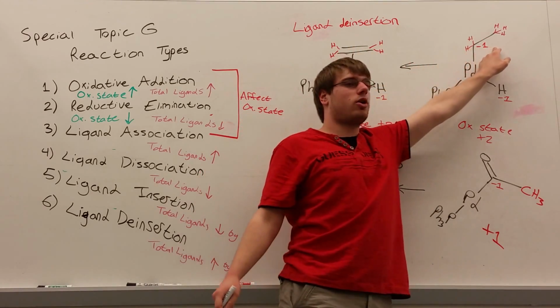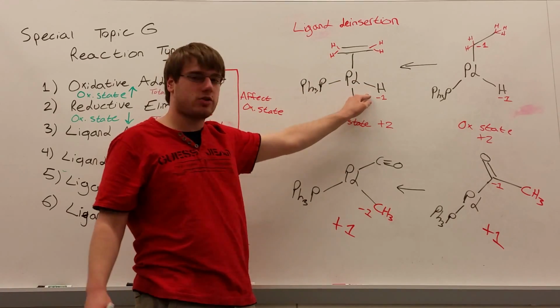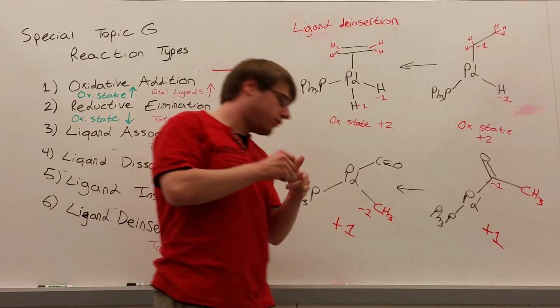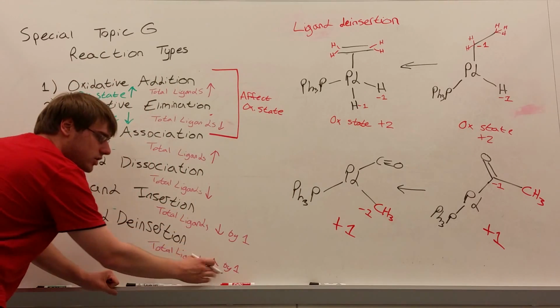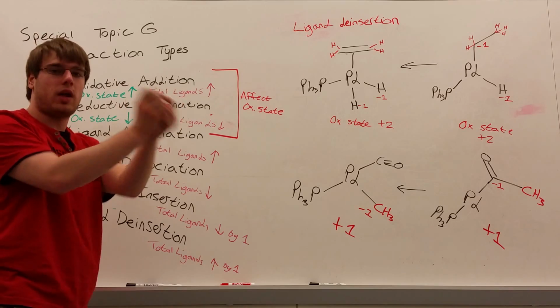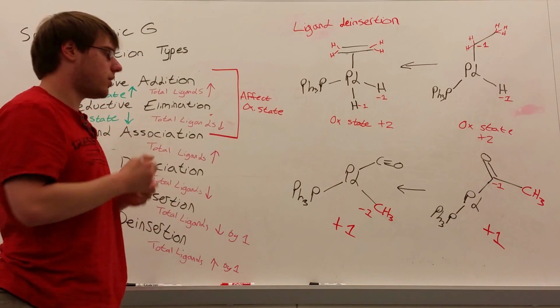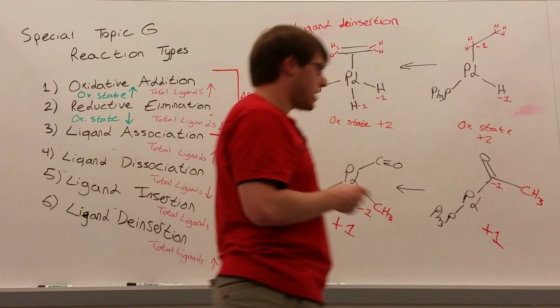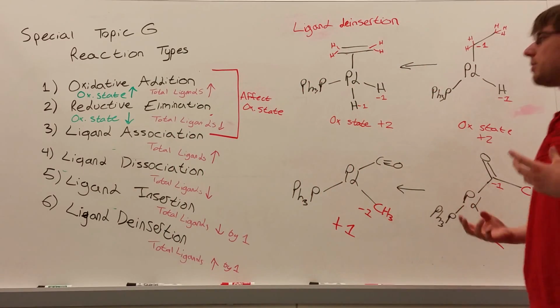So in this case, it was a carbon-carbon single bond, that is now a carbon-carbon double bond, and now we have an extra hydrogen on the metal as well. So for ligand deinsertion, the total ligands will increase by 1 because you took 1 ligand and now you split it into 2, so you have an extra ligand from what you started with. And that's the general gist of the reaction type that you have to be familiar with for this exam and for special topic G in general.